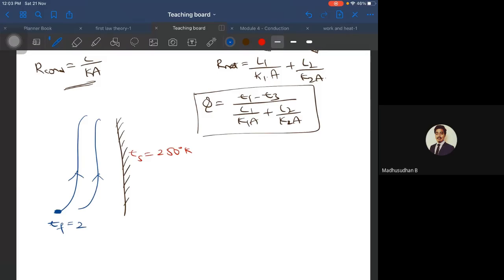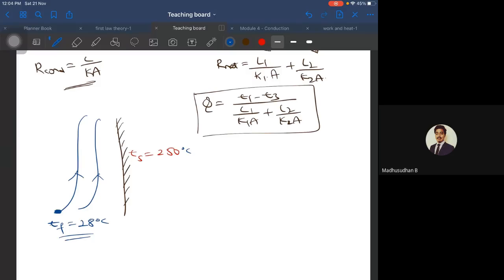Let me take both in degrees Celsius before we start. So this is in degrees Celsius, and here it is around 28 degrees Celsius. Now the heat is getting transferred from the surface to the flowing fluid here.